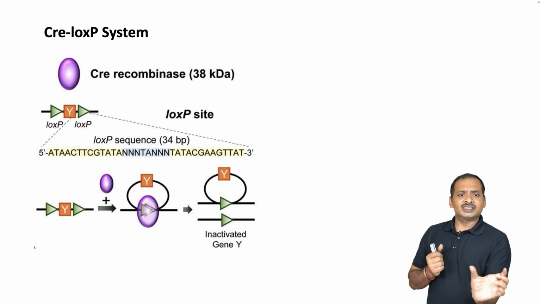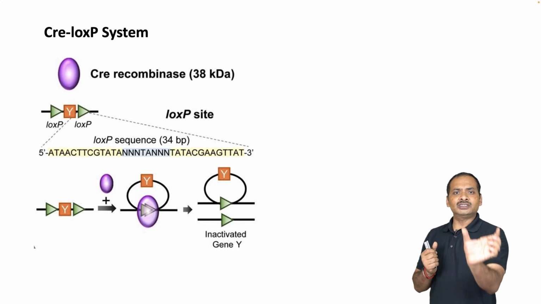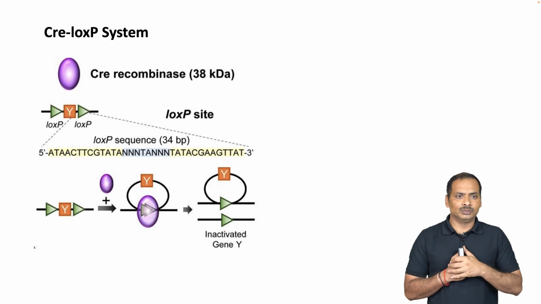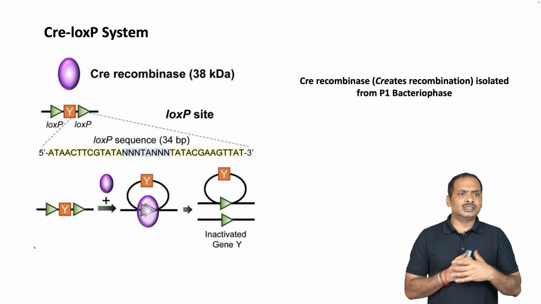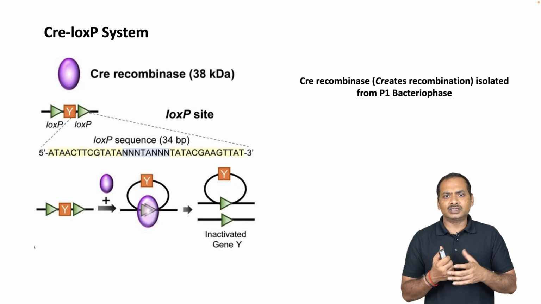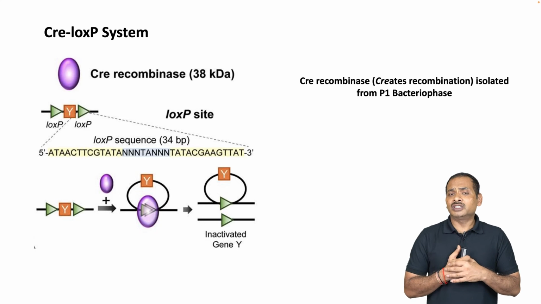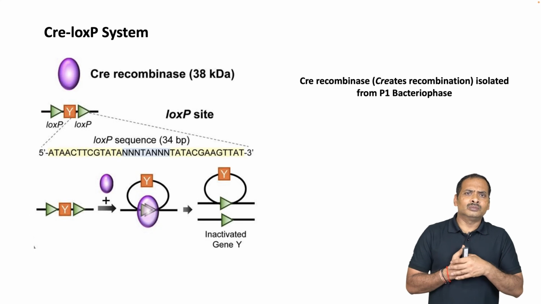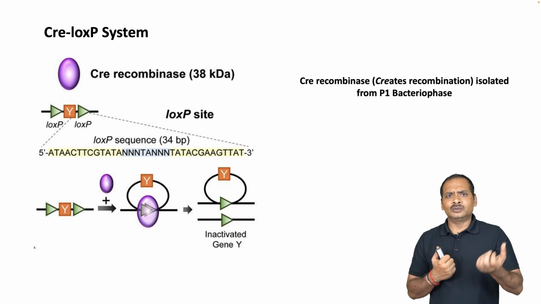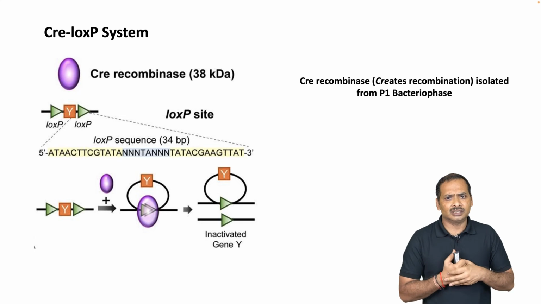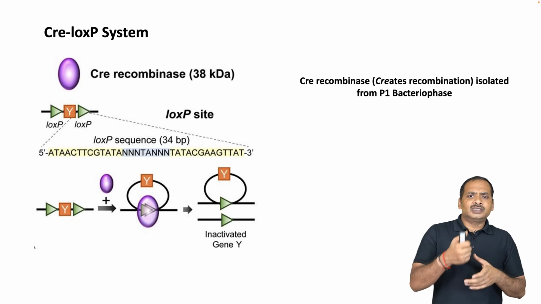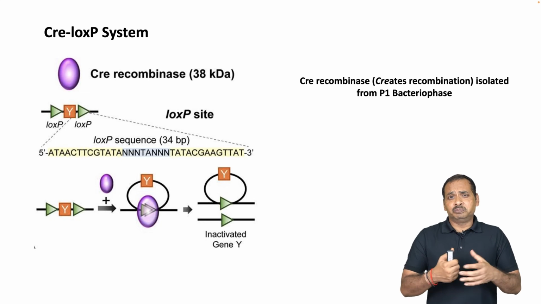So basically this kind of sequence you need to incorporate into the genome, and the Cre-LOXP system was discovered from, it's basically derived from the P1 bacteriophage. You know bacteriophage, the viruses which infect bacteria. So from there this is derived, and this is a very beautiful system.